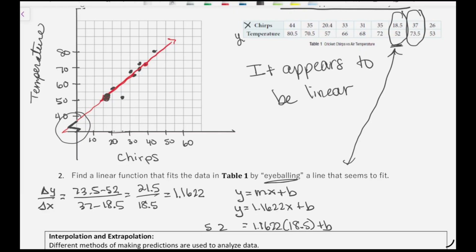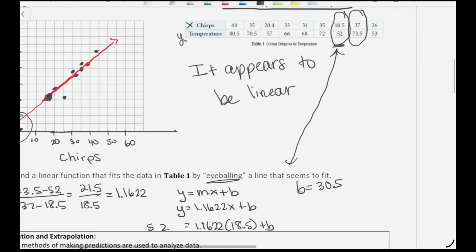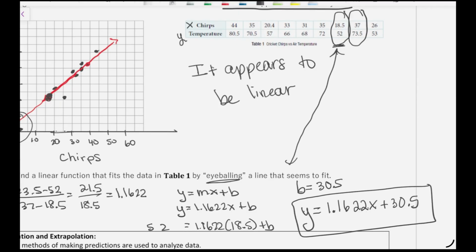Solving this for b gives us a b value of 30.5. So that means my equation is y equals 1.1622x plus 30.5. All right, there is the function that I think fits the data.